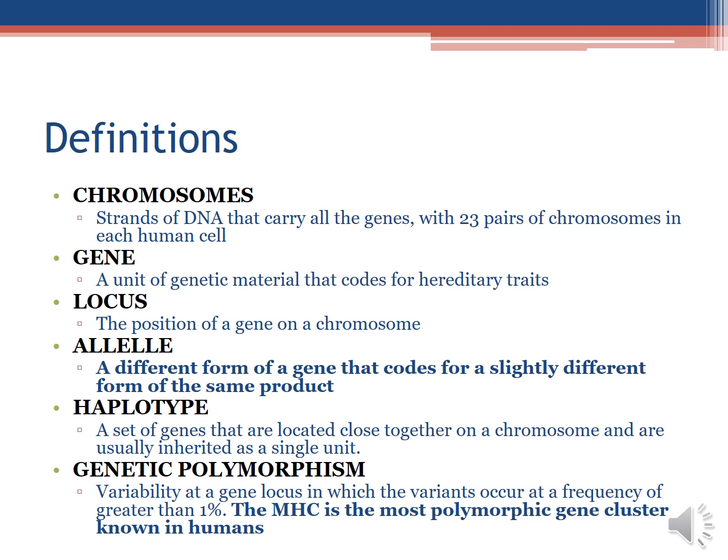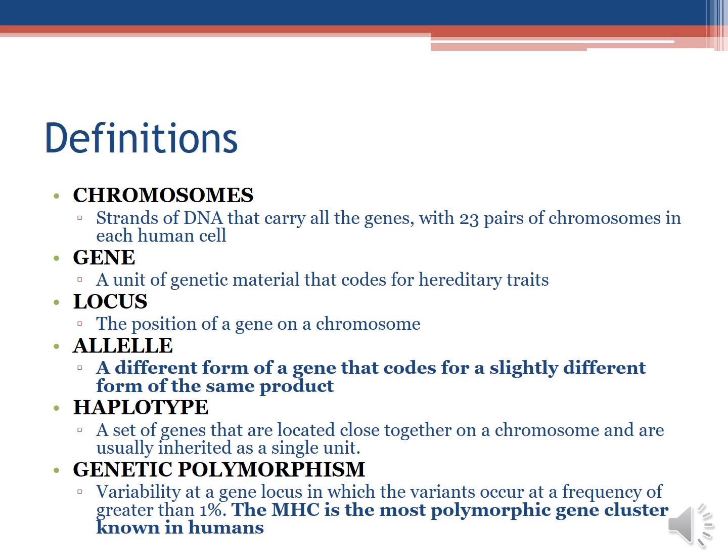A gene is a unit of genetic material that codes for hereditary traits, so our eye color, hair color, skin tone, etc. Locus is the position of that particular gene on the chromosome. An allele is a different form of a gene that codes for a slightly different form of the same product.